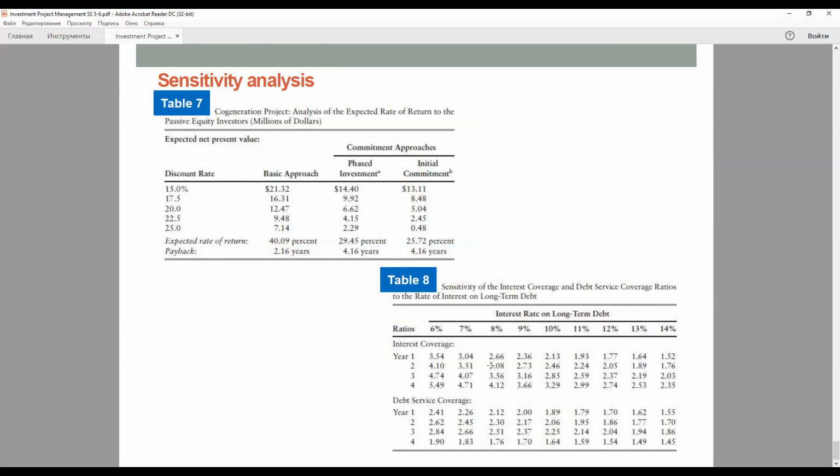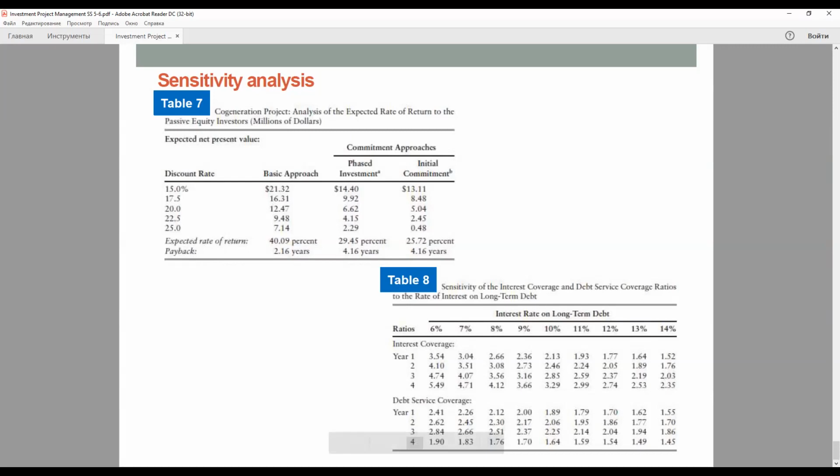The expected rate of return falls between 25% and 14%. If the required rate of return is 15%, the expected net present value falls between 13 million and 21 million. The net present value remains positive even when the required rate of return is 25% and the equity investment is treated as coinciding with the initial commitment to invest.